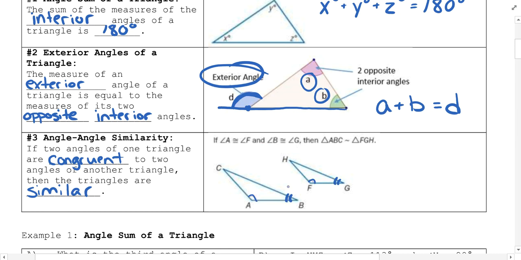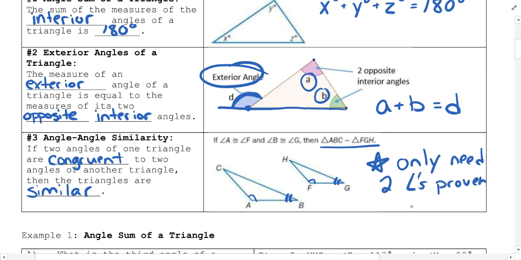Based off of those two angles being congruent, we can say that triangle ABC is similar to triangle FGH. And the key with this fact is you only need two angles proven congruent.